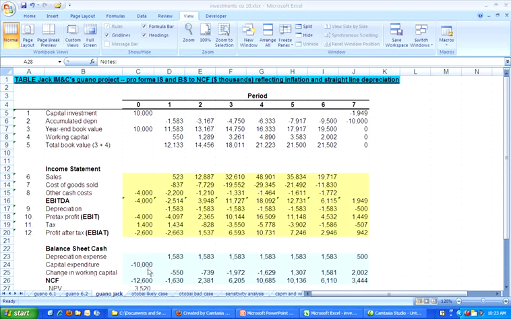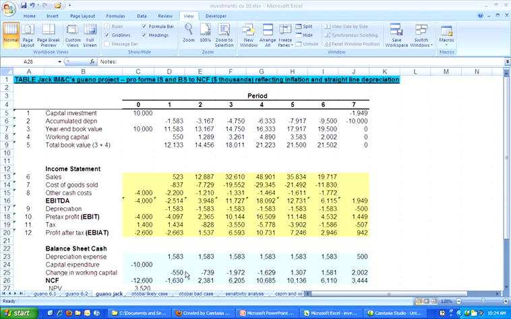So to summarize the changes in the balance sheet that affect the cash position of the organization and therefore affect the net cash flow of the project, there are three. The first is the recognition that depreciation expense is a non-cash expense, and hence we need to add that expense back in determining net cash flow.